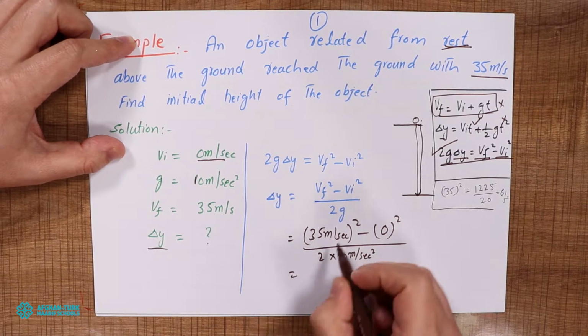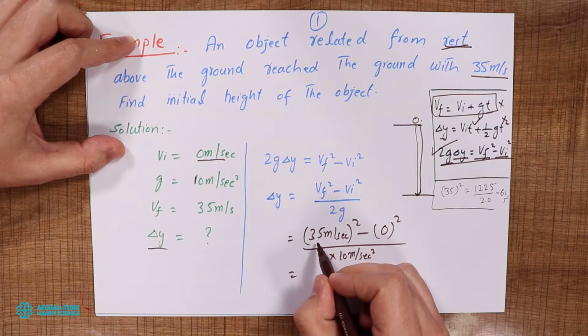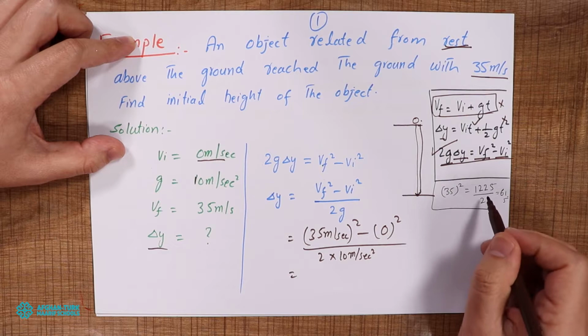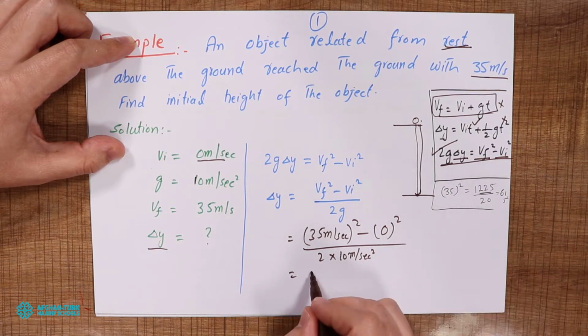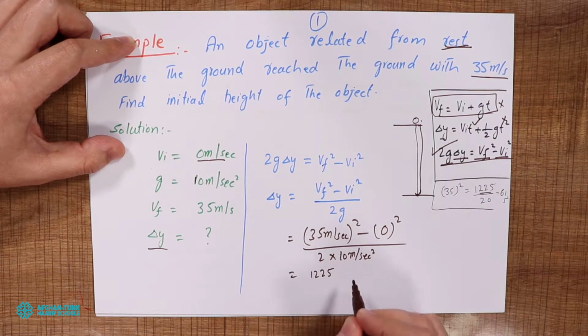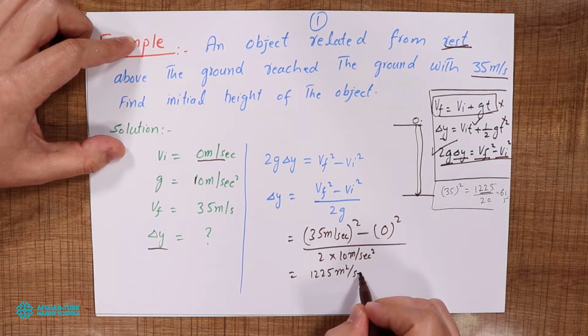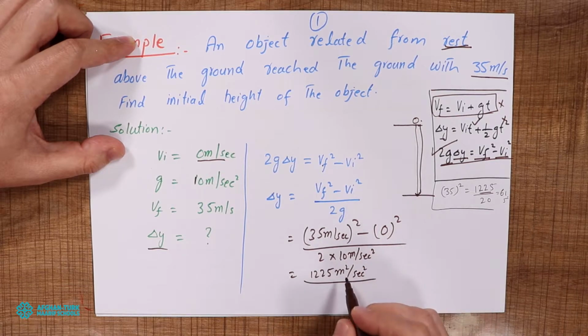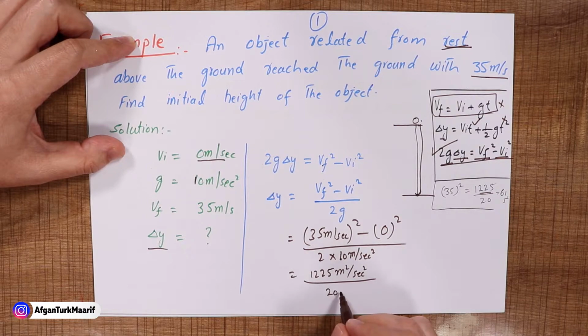So now if we find the square of 35 meter per second, it becomes 1225 meter square per second square, minus 0, and 2 multiplied by 10 is 20 meter per second square.